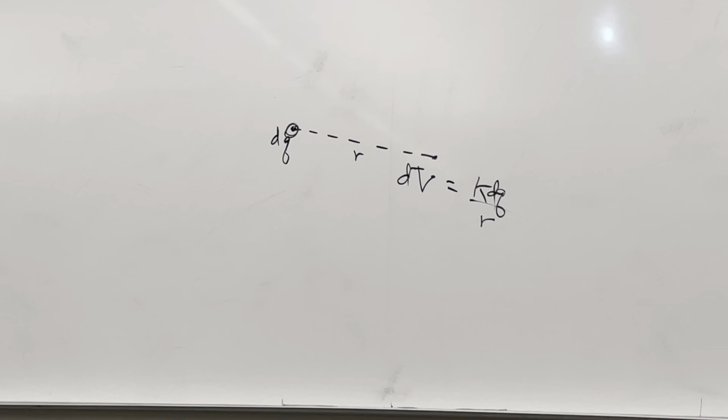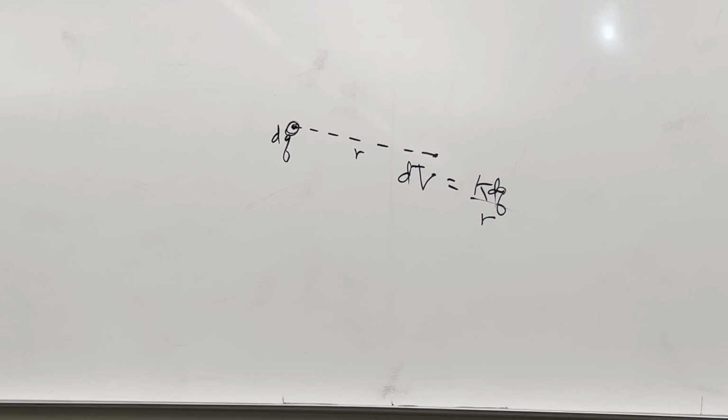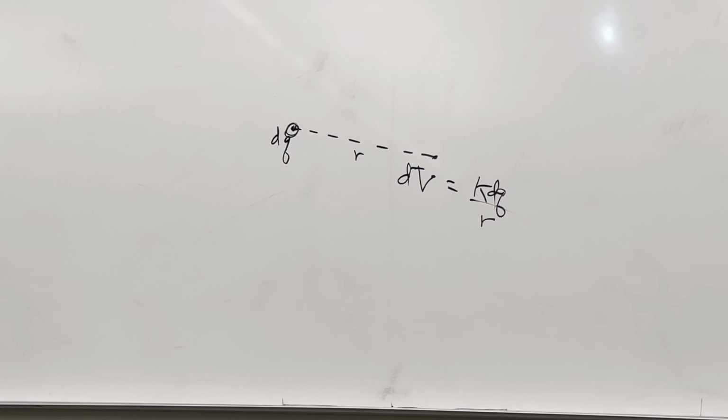k is a constant. Now, is r a constant if I choose different dq's on this ring? Will they be at a different distance from the center? r will be constant because it's the same radius all around, like a cone. It doesn't matter where you go, it's always the same distance r, because I'm looking at somewhere on the axis of the ring. So r is a constant, and then I have the integral of dq.